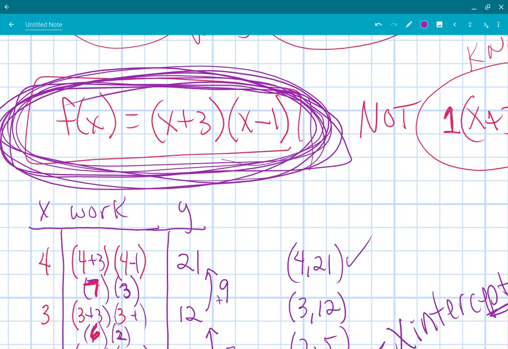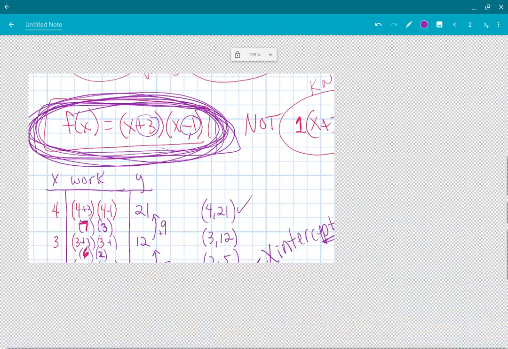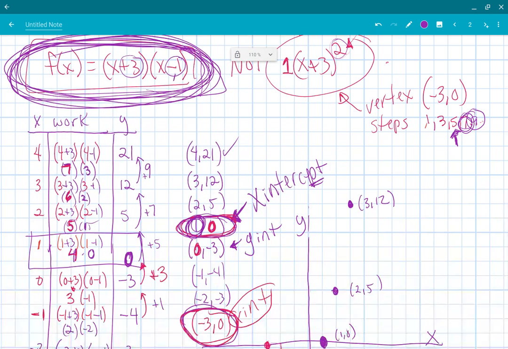See? The opposite of -1 is 1. So 1 minus 1 is 0. And what's the opposite of 3? -3. So those are the two x-intercepts.